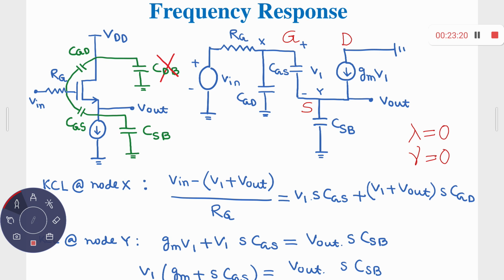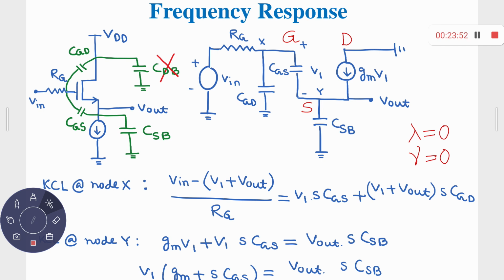Although this particular circuit experiences body effect, and obviously it will experience some channel length modulation. Out of four capacitors, one will not be there. You only have CGD, CGS, and CSB. CSB will be there between source and body, CGS between gate and the source, and CGD between gate and the drain, and drain is grounded, AC ground.